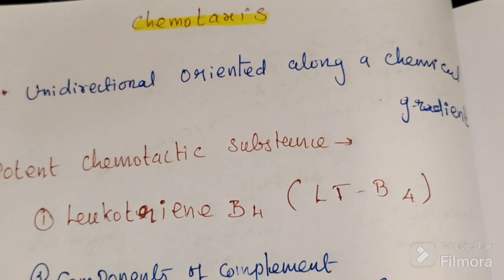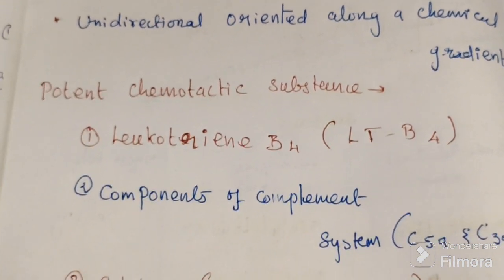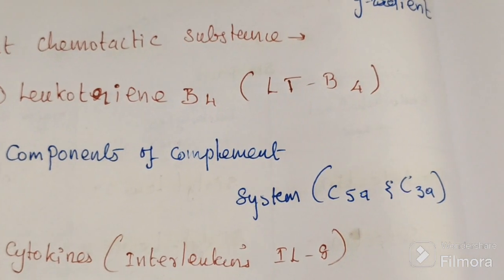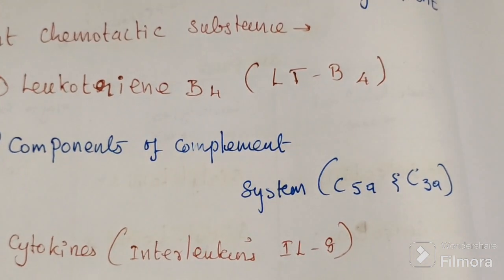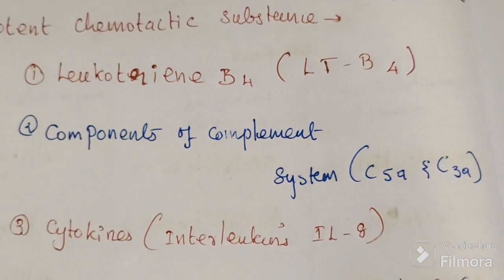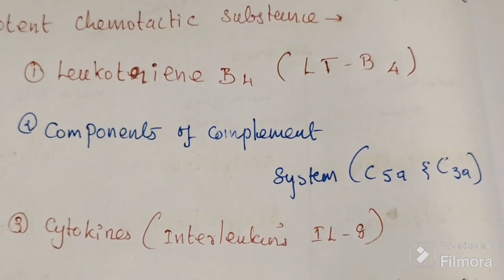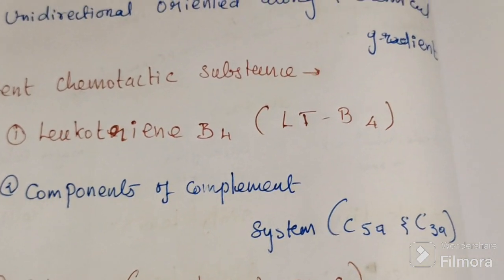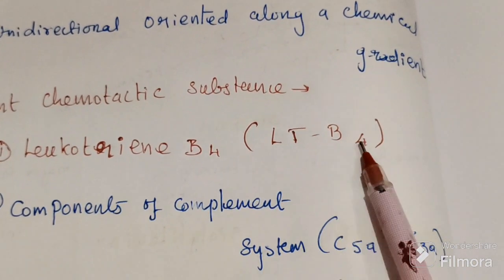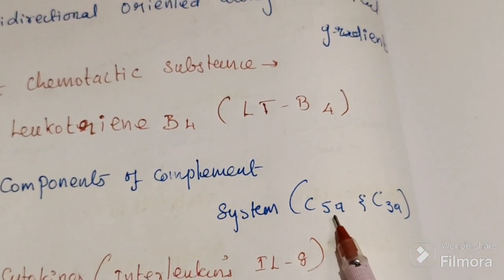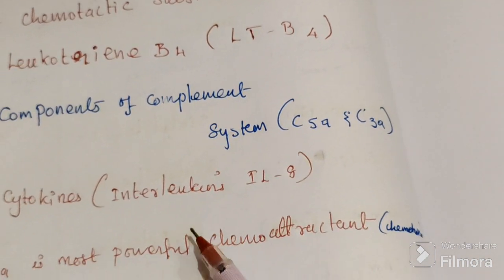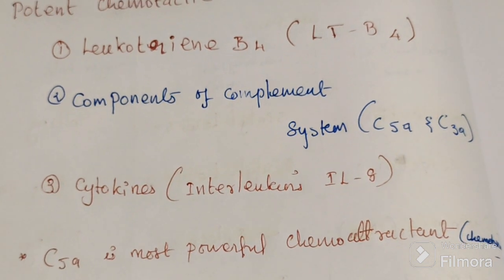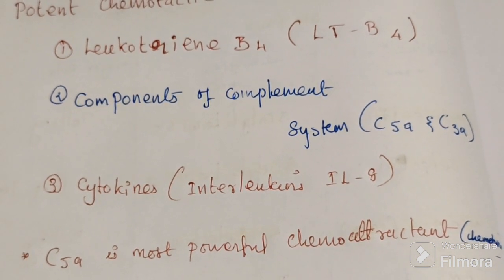It will secrete four types of chemicals: Leukotriene B4; the complement system, which secretes two chemicals, C5a and C3a; and cytokine, which secretes interleukin 8. So these are the four chemicals secreted by the bacterium: leukotriene B4, complement C5a and C3a, and interleukin 8.